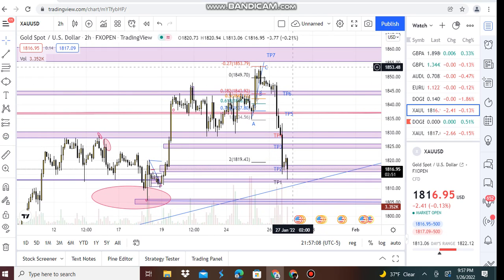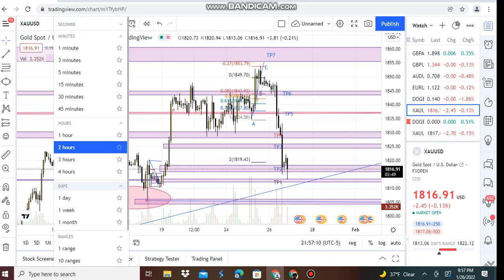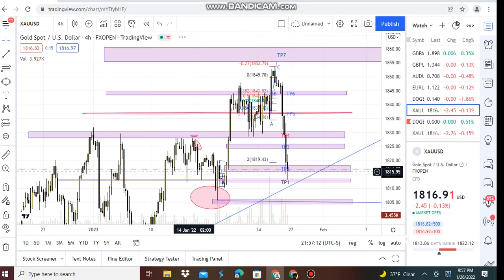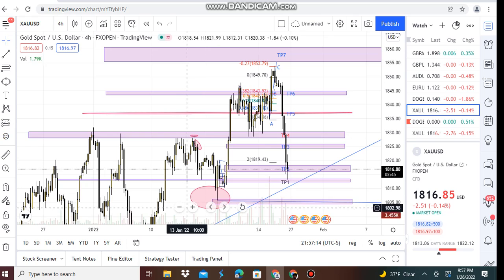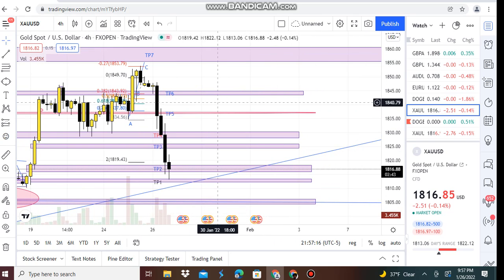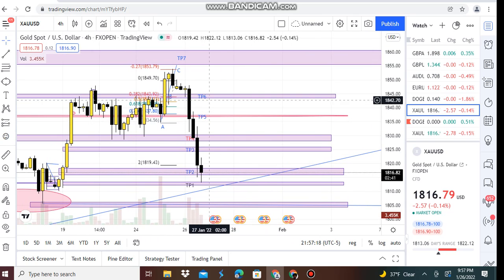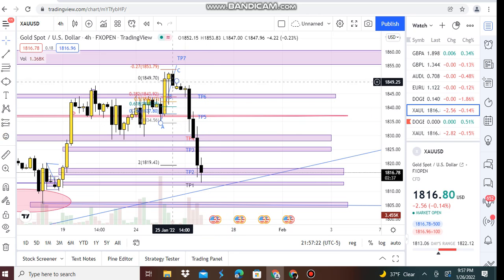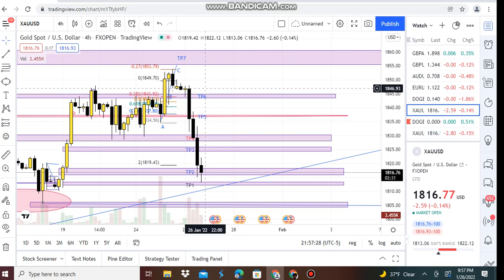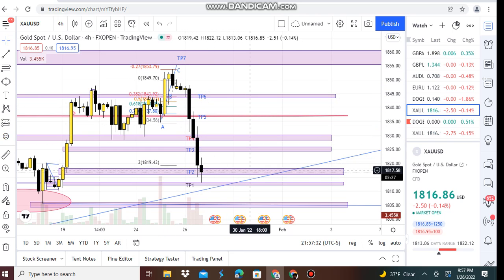We'll go to the 2 hour or the 4 hour to see the overall direction of the trend. As you can see, long black candlesticks on the 4 hour. This lets us know, when we see long, more bodies of candlesticks, an evening star pattern, the yellow candlestick plus the star plus the black candlestick on the 4 hour, that okay, we're in a downtrend, and we're heading down for the day.